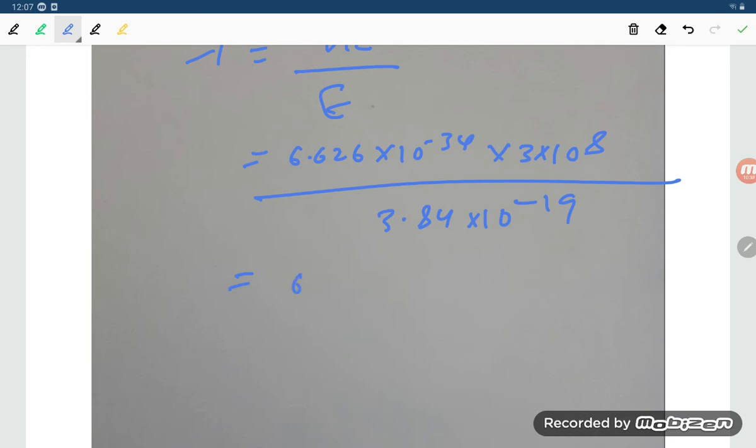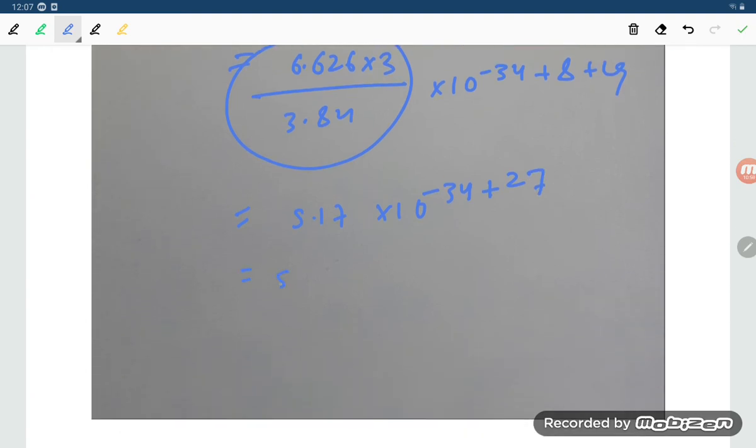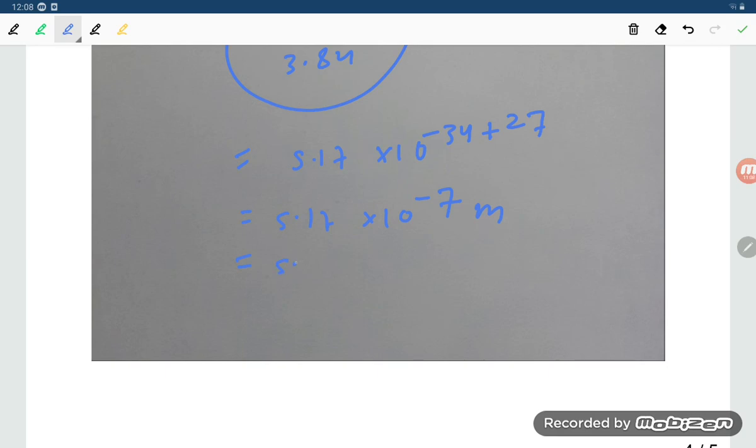So we calculate 6.626 into 3 upon 3.84 into 10 power minus 34 plus 8 plus 19. If you solve it, multiply and divide, it comes to 5.17 into 10 power minus 34 plus 27. So 5.17 into 10 power minus 7 meter.